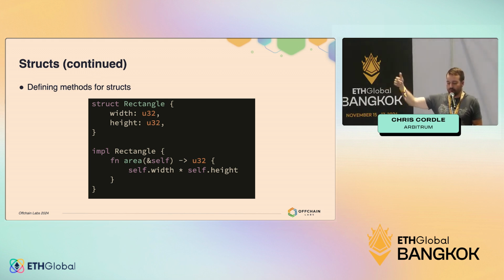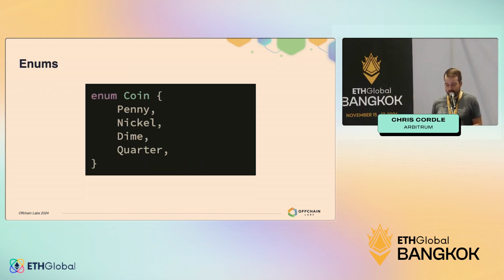So you just impl for that struct, and then you define your functions down below. And &self is a reference to the instance of the rectangle itself. That's always the default first parameter on the method. So that's very straightforward. self.width times self.height gives you the area, which returns a u32.